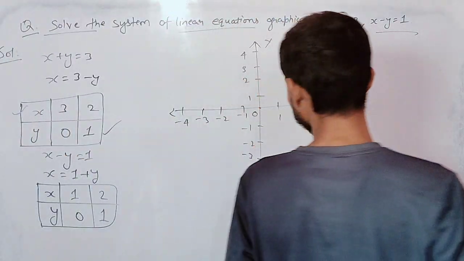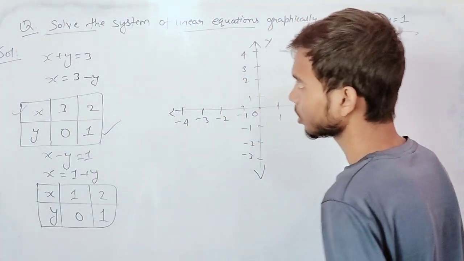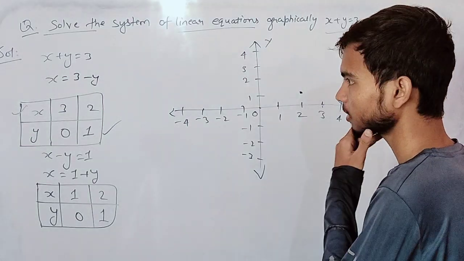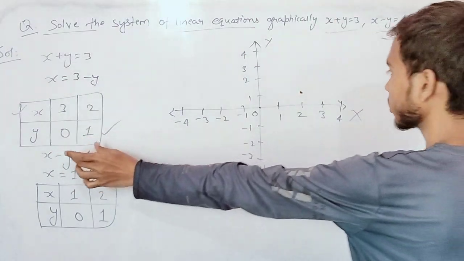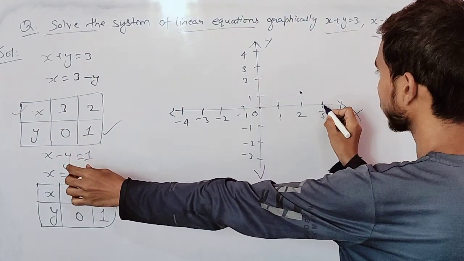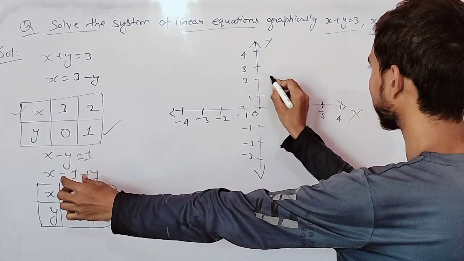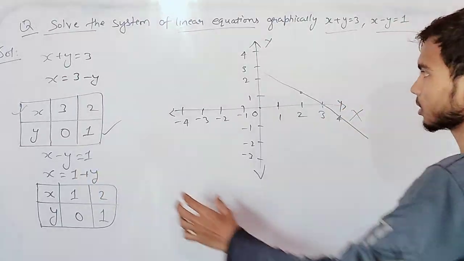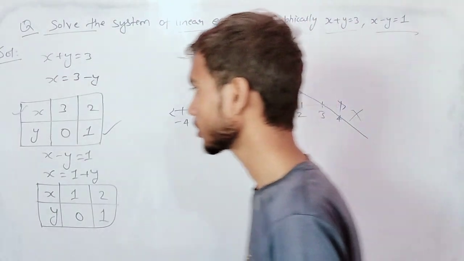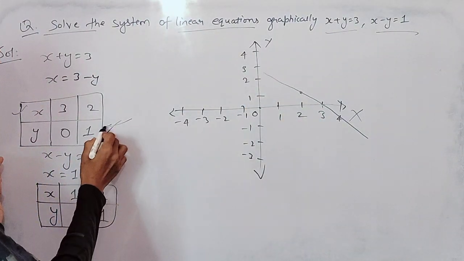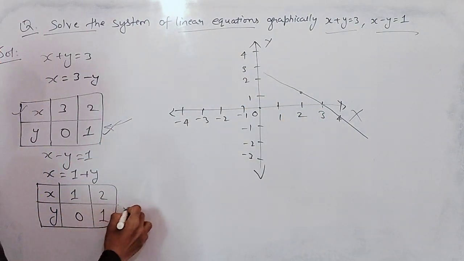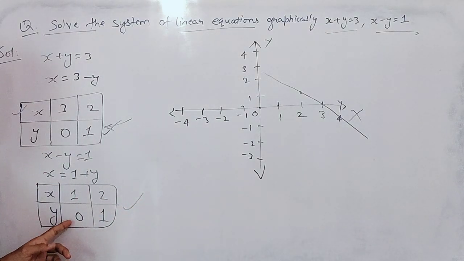Now you can see what will happen. Let's start from this. First this was, and second this. This is giving us a linear line, a straight line. So this straight line is of this. Now what about this? 1, 0.